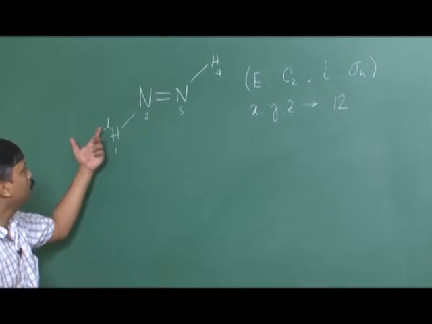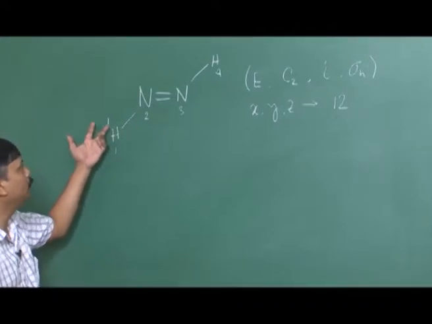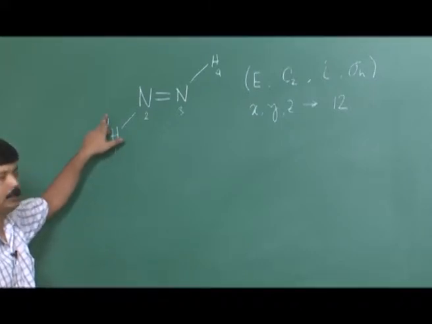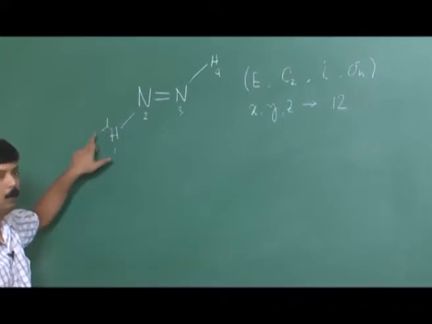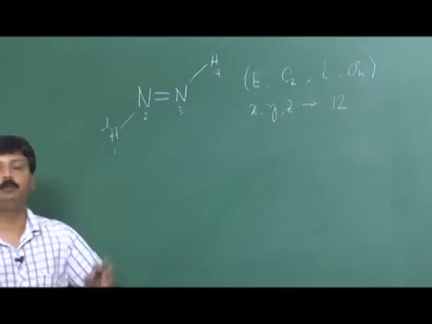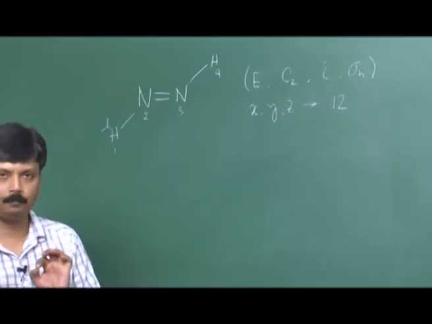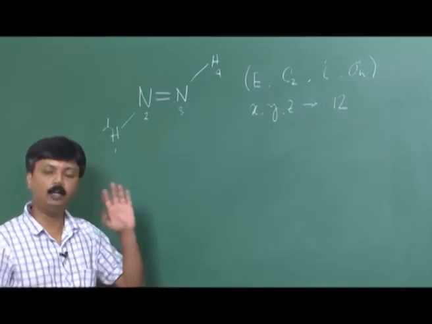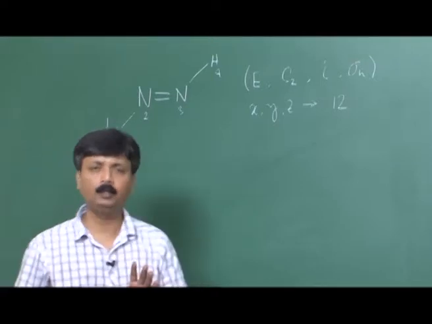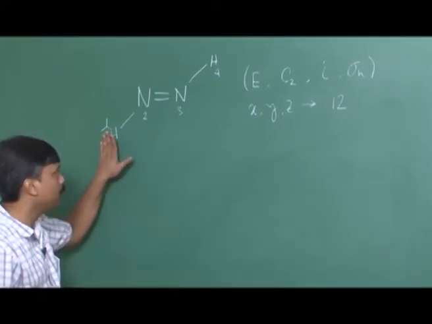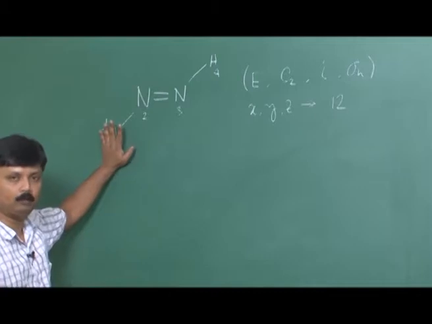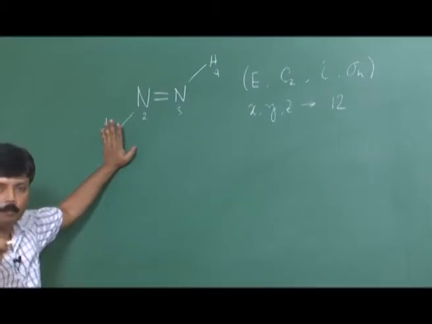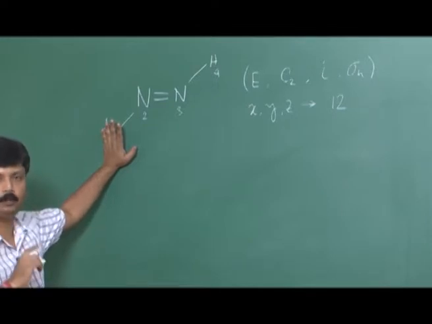So the same thing will be applicable to these basis functions as well. That means all three basis functions, suppose x1, y1 and z1, each one of them will contribute 0 to the overall character. In case the atom is not shifted, the atom remains there, then any basis function on that atom that we are taking will contribute 1 to the diagonal.